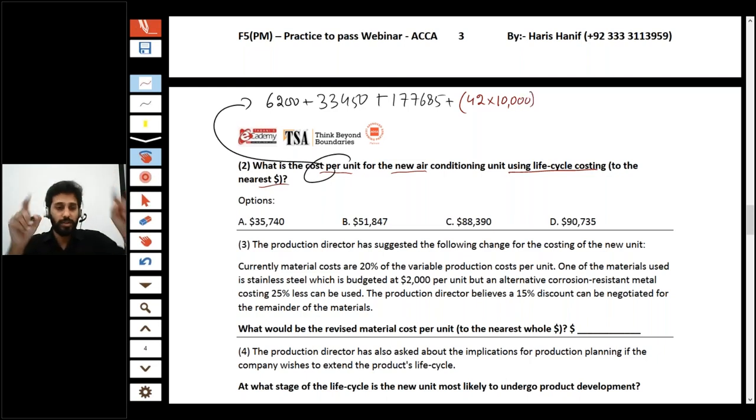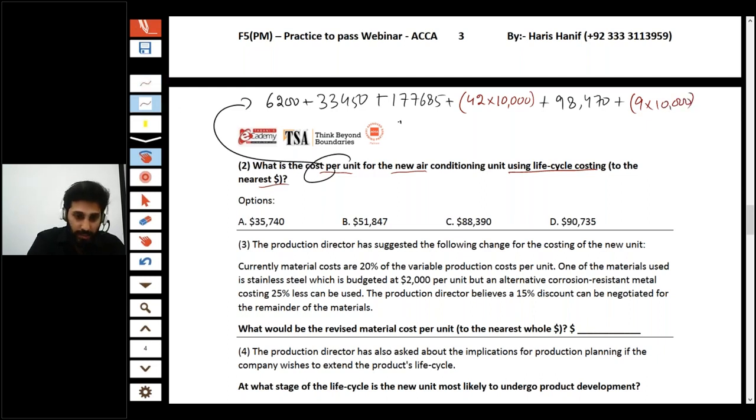And this was a per unit cost, plus 98,470, plus 9 into 10,000 units, plus 10,300, plus 4 into 10,000 units. These are based on per unit, and the rest of the other costs are total, that is 7,790, plus 23,450.